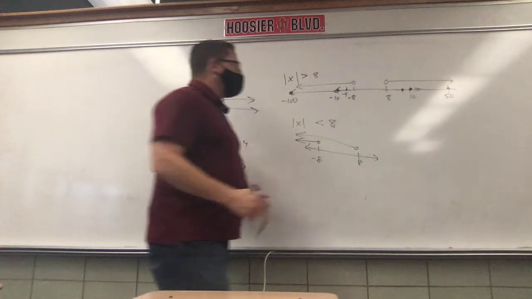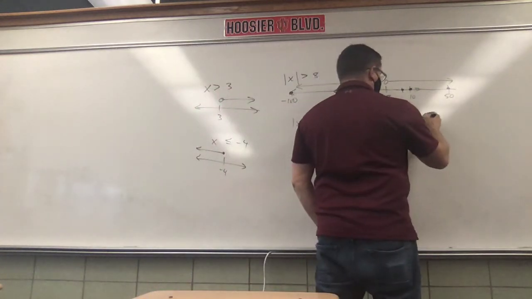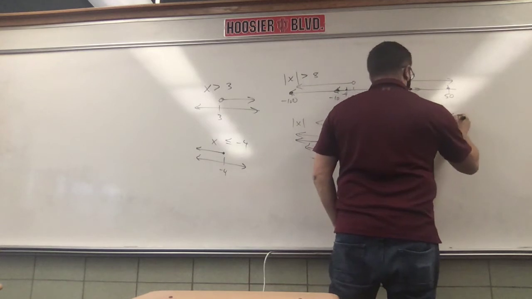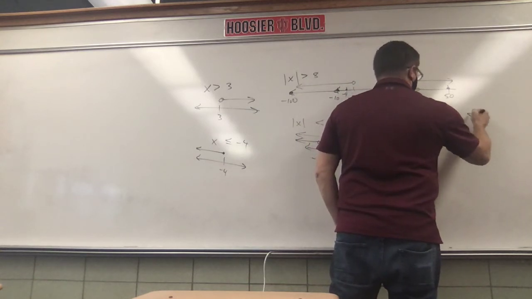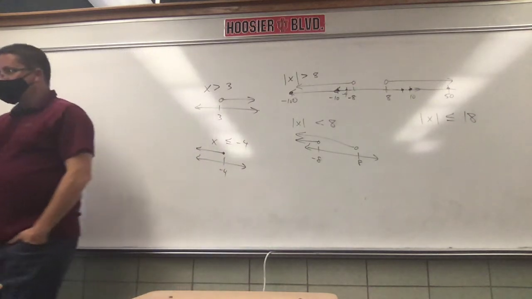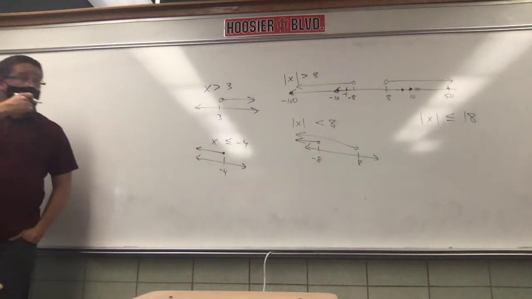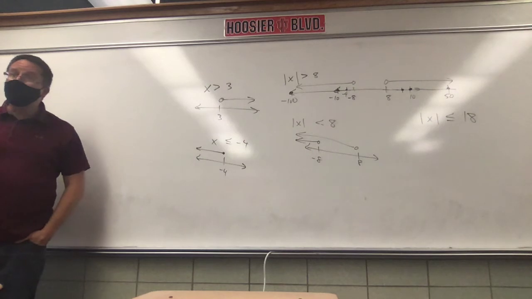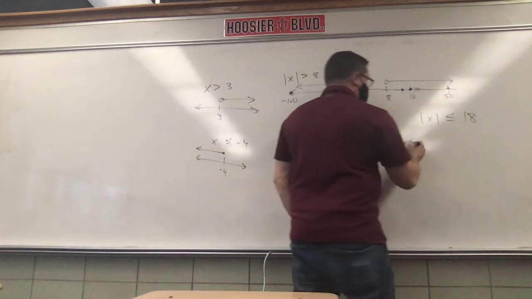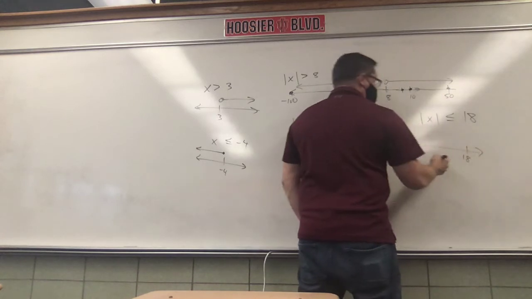Okay. So let's try this. Absolute value of x is less than or equal to 18. Are we going to shade left or are we going to shade right? Neither. In between. Why? Between what and what? 18 and negative 18.